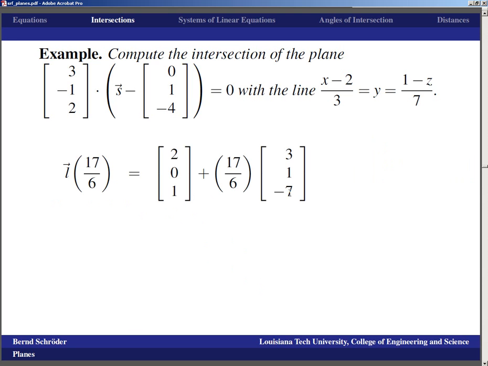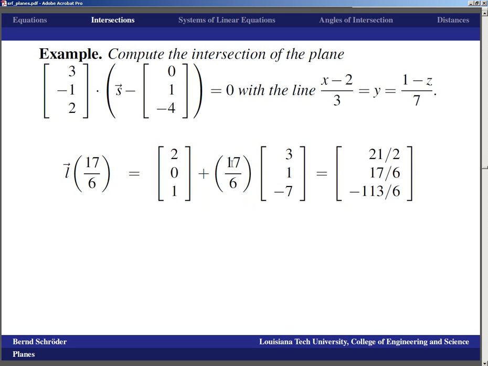And so what would that be? Well, let's see. 17 over 6 times 3 would be 17 over 2, plus 4 over 2 would be 21 over 2. That's what we have here. 1 times 17 over 6 is 17 over 6. And this one is the nasty one. Well, first of all, we know it's probably going to be negative because there's a lot of negative stuff here that's not going to compensate for that 1.